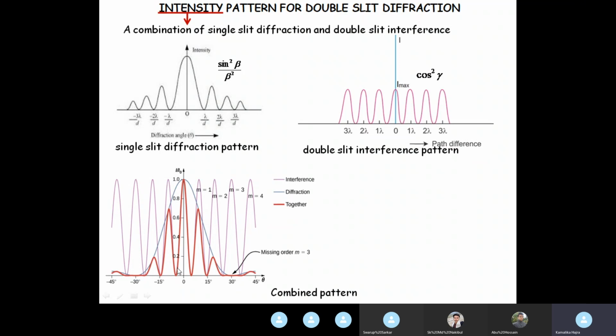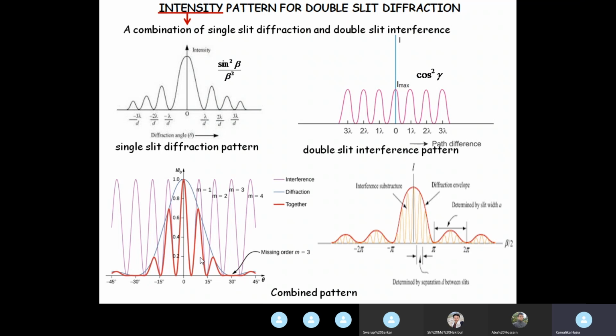The diffraction envelope is modulating the interference intensity pattern. And what we see is just the combined pattern, that is the modulated pattern. So this is what we see on the screen. Intensity peaks modulated by the diffraction envelope, so that it is only in the central bright fringe that we see extremely prominent interference bright and dark lines.